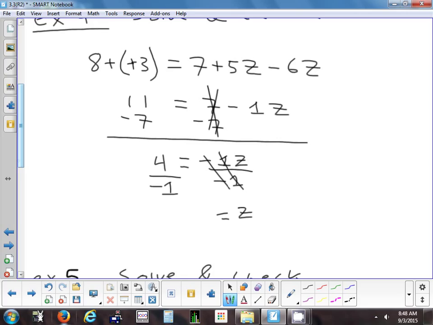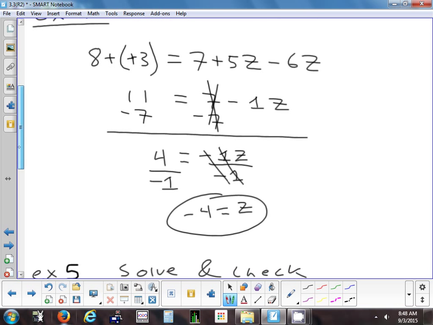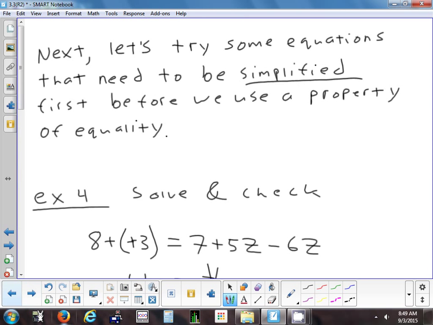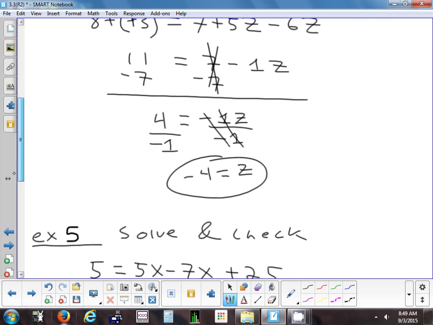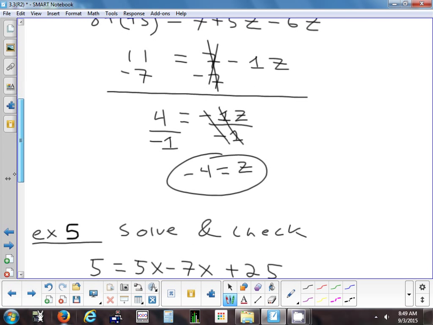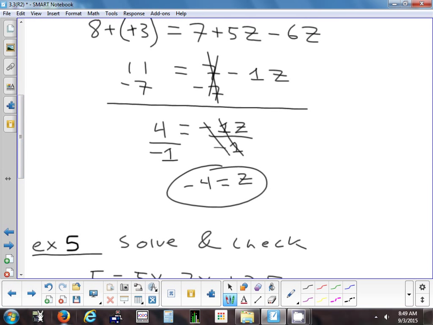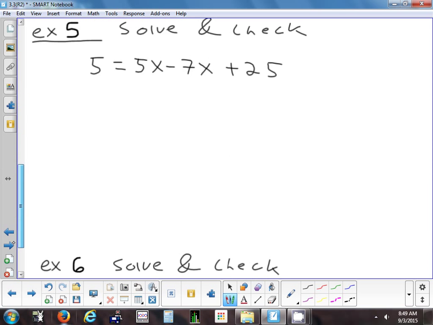-4. Guys, that's going to show up a lot this year when you come to that last step. You have a negative attached to the variable, not a regular negative number like 2, 5, or 21. It's a negative sign only, attached to the variable. You have to divide by -1.